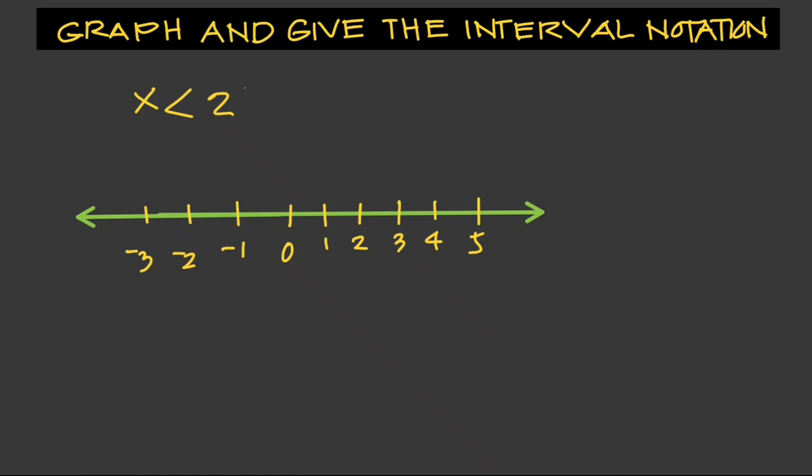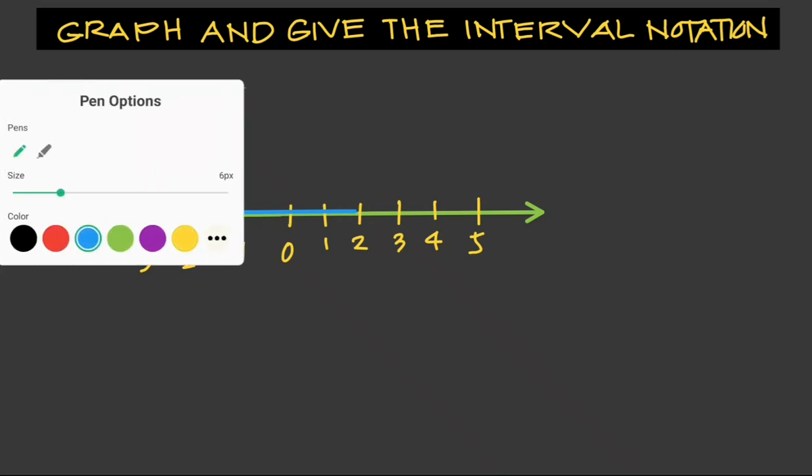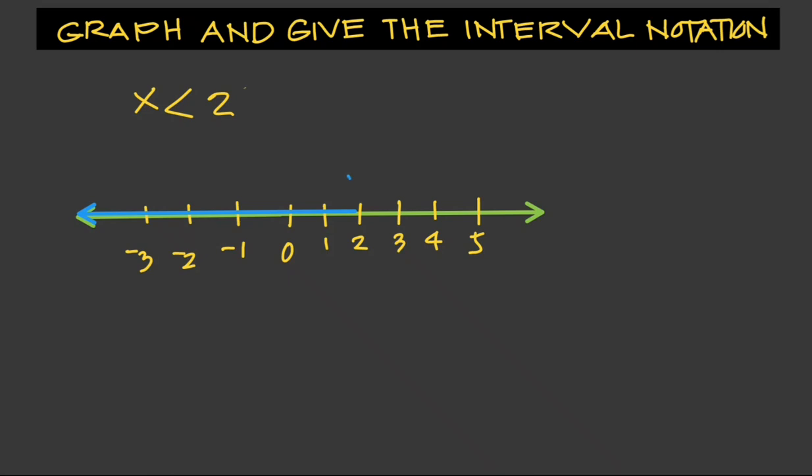Less than is going to the left. So this is 2, all of the numbers to the left, and then this is our bracket. So this is our graph for x less than 2.